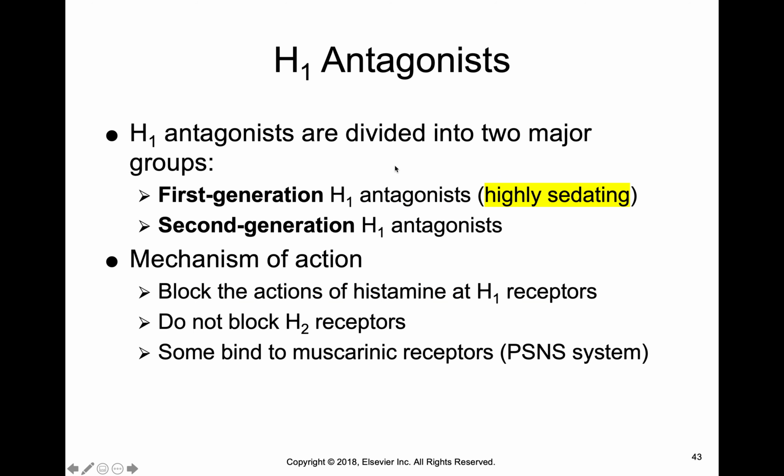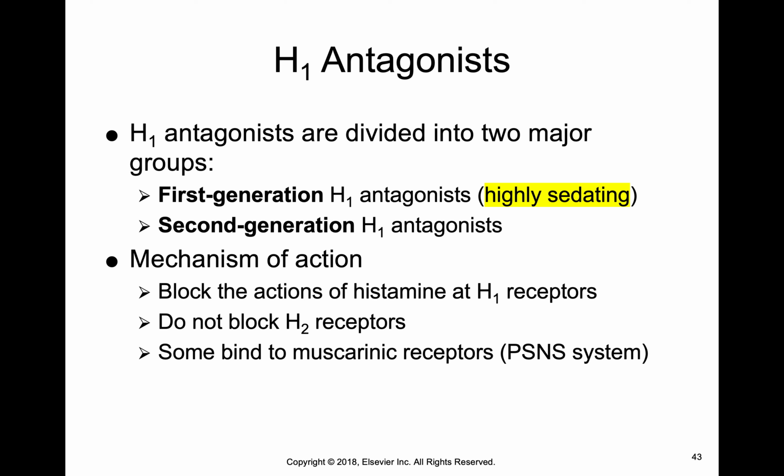For the antihistamines, or the H1 blockers, we can really divide them into two generations, the first generation and the second generation. The first generation can be highly sedating, and that's things like Benadryl, right? So diphenhydramine, promethazine, prochlorperazine, hydroxyzine.